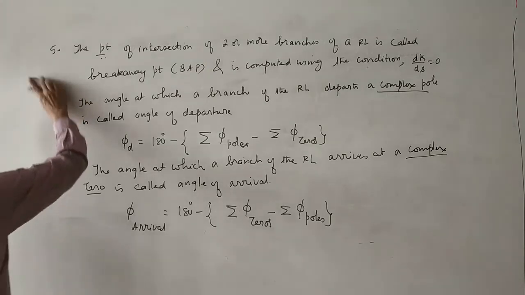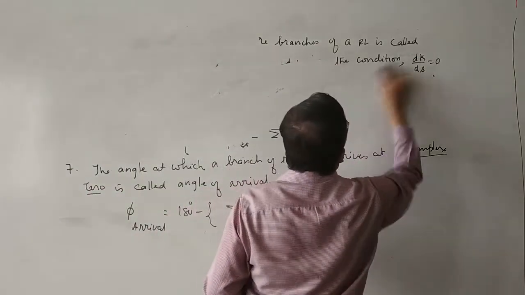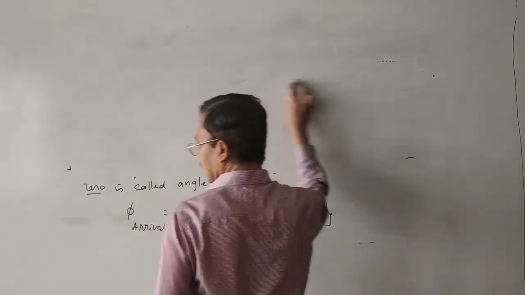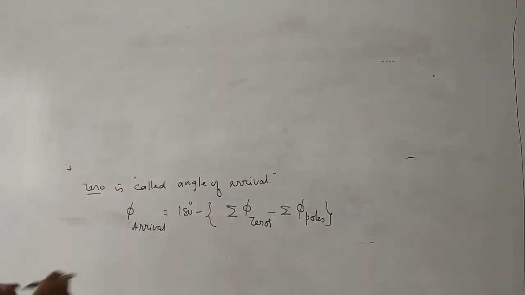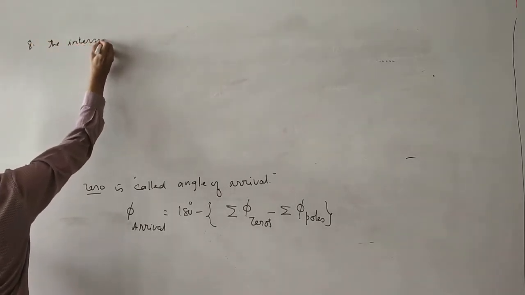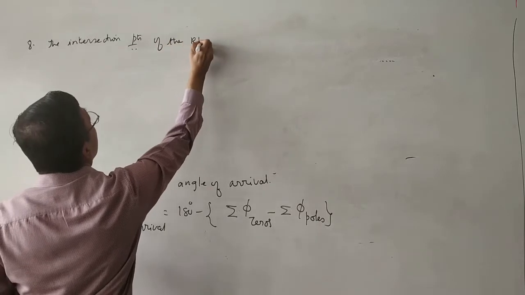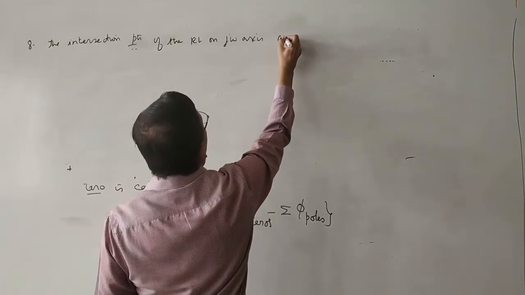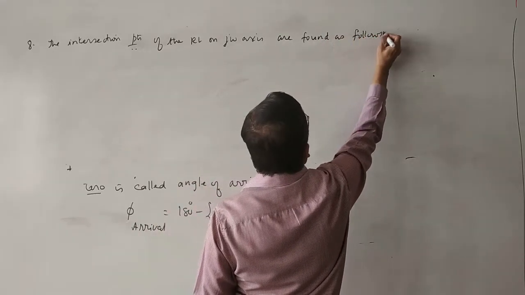Last guideline. The intersection points of the root locus on j omega axis are found as follows.